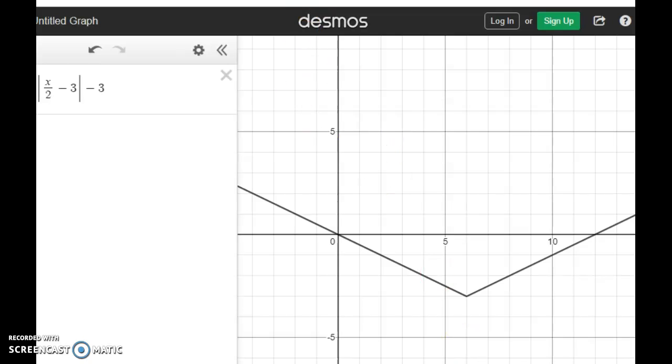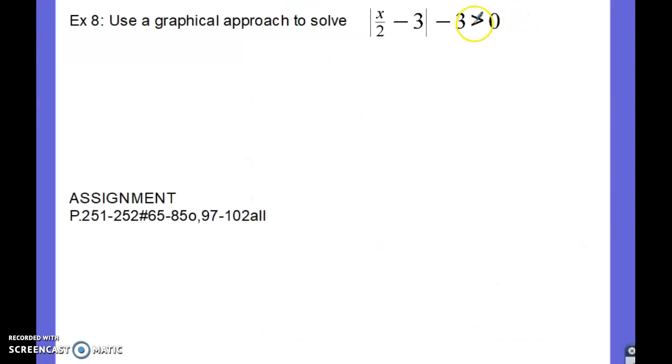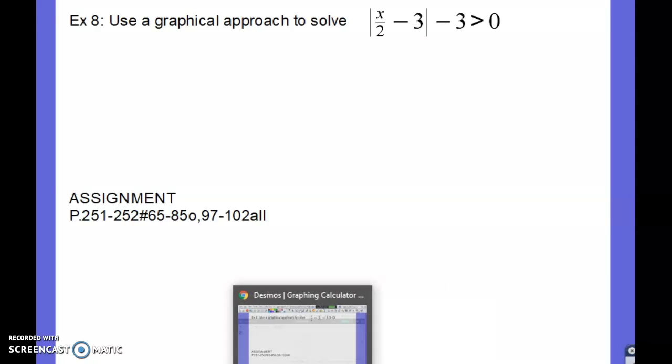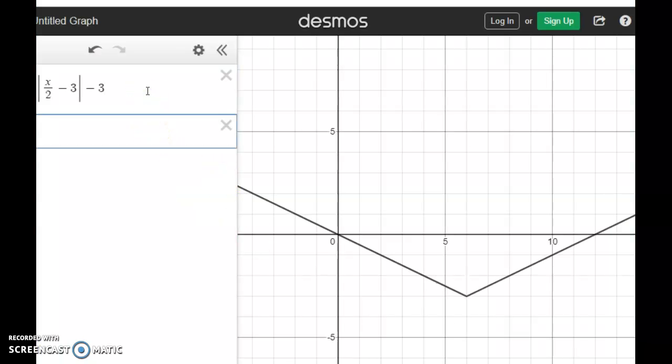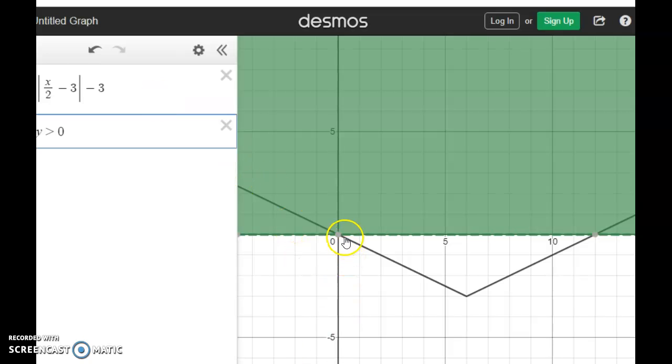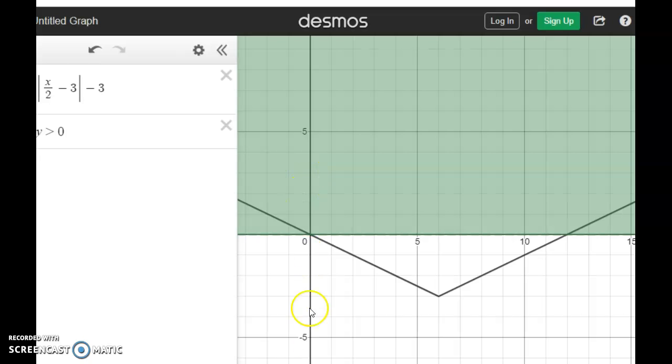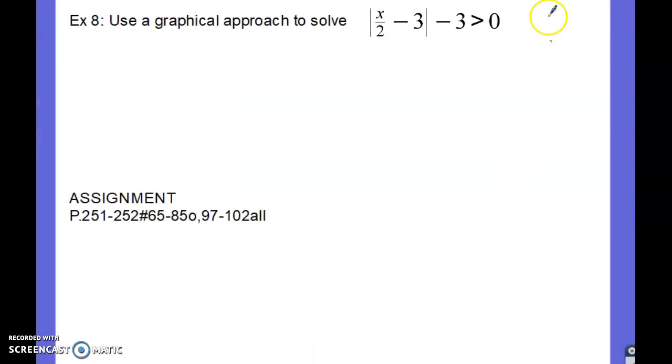Because if you are looking for where the function is greater than 0, well, the equation y equals 0 is what we are, and you can even write greater than 0, and you'll see that we're looking for the x-axis and where it's above the x-axis.